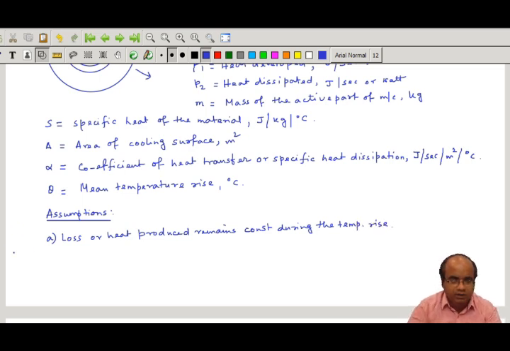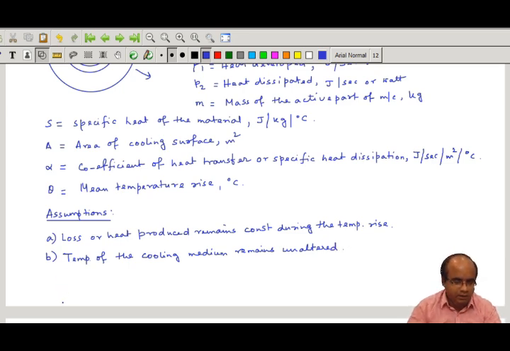Number B, the temperature of the ambient is constant, because the heat is to be dissipated to the surroundings. That is, the temperature of the cooling medium remains unaltered.